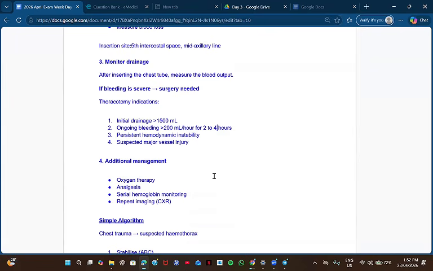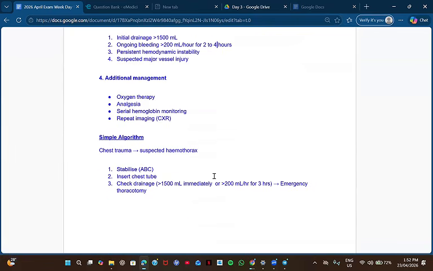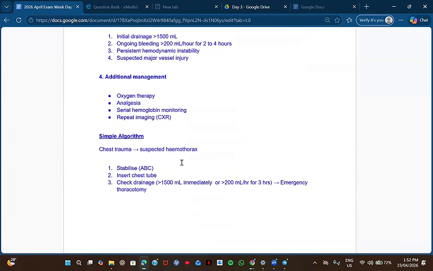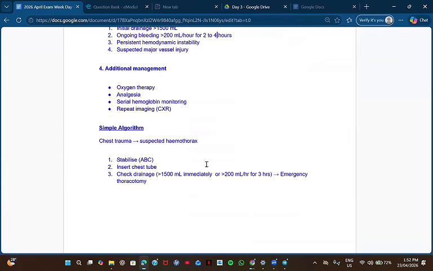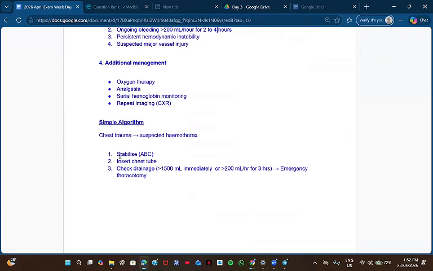For additional management, we can do oxygen, analgesia, hemoglobin monitoring, and repeat imaging. So very simply, the algorithm is chest trauma and suspected hemothorax: stabilize ABC, then insert chest tube, then check drainage. According to chest drainage, we can decide, sorry, just 2 to 4.